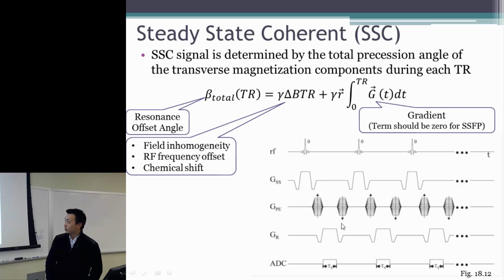So when we have a zero value for this gradient term, we can call that the signal is free precessing during this TR. So what is reflected in this resonance offset angle is purely from the property of the tissue itself.